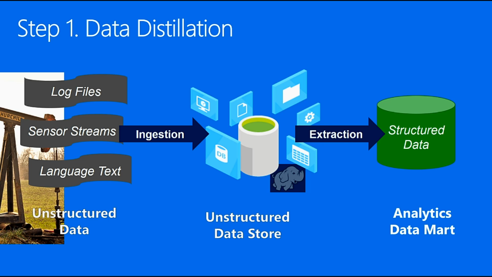Once we have that data distilled down and put into an unstructured data store, again, that could be something like Hadoop or a data warehouse where the data is nice and regularized and cleaned up, we then go through another set of processes, which is extracting it out into a structured data environment ready for the predictive modeling purpose. That's because when we're at this unstructured data store in the middle, we're still dealing with very, very large amounts of data, and almost certainly much more than we need when it comes to building a predictive model.